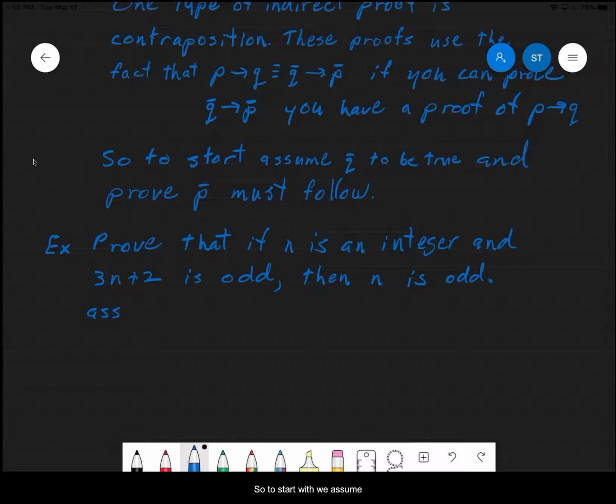So to start with, we assume that n is not odd. That is to say, it is even.